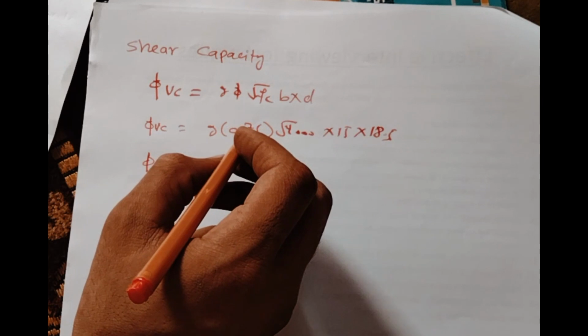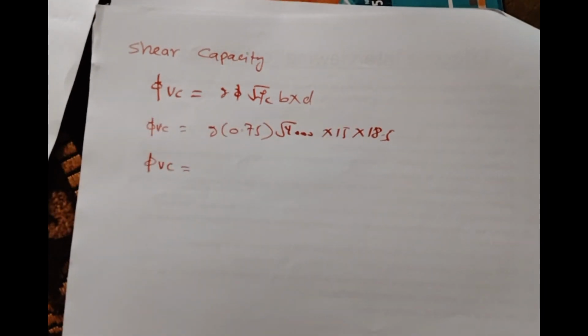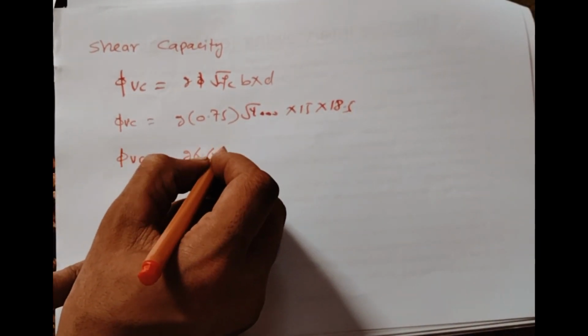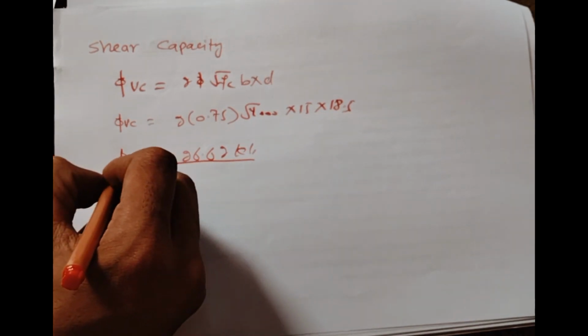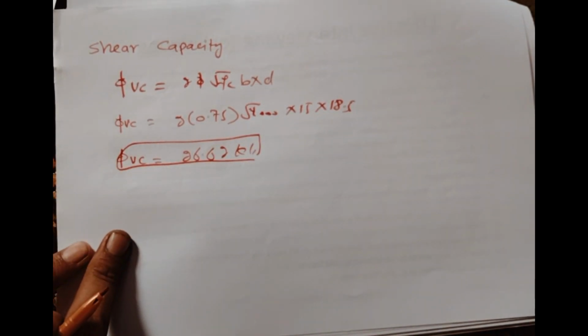Divide this by 1000 as well, and we get the shear capacity as 26.62, which is less than the shear demand.